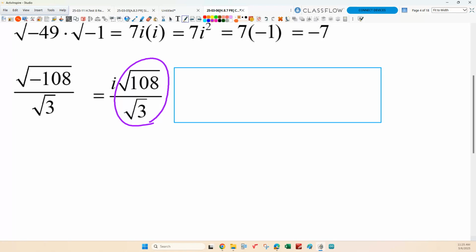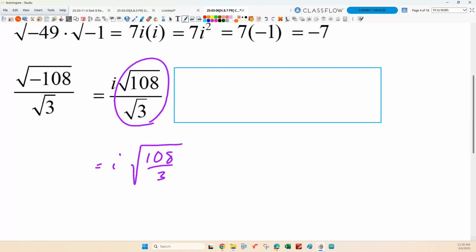You could just rationalize the denominator, but if I do that, I'm going to get a pretty darn big radicand inside that top radical. Everybody see that? That's going to be harder to simplify. So it would make sense to write this as I times the square root of 108 over 3, because what's 108 over 3? 36.